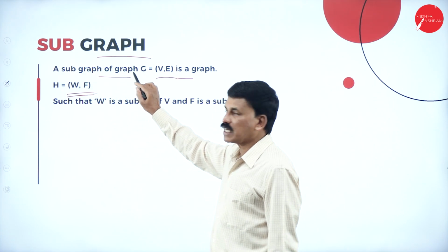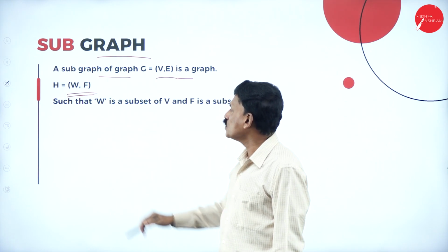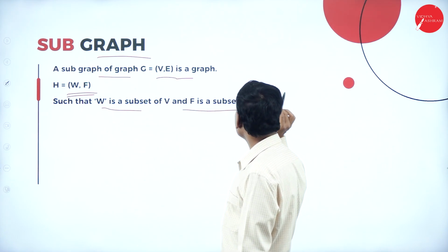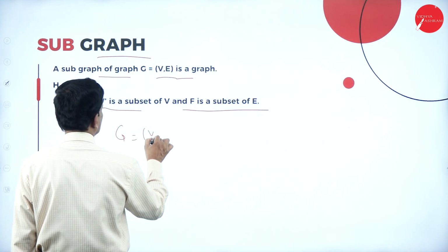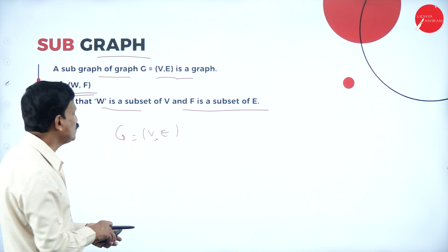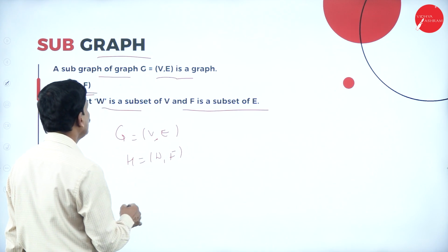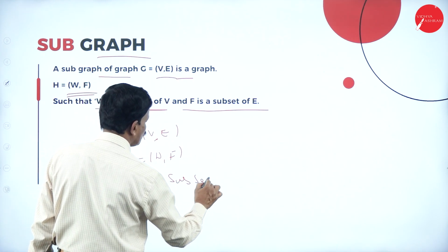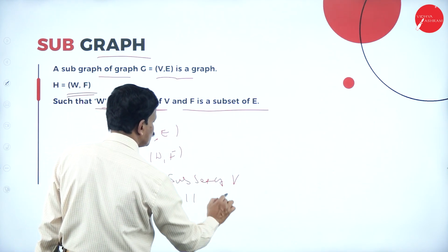A subgraph of the graph G = (V, E) is a graph H = (W, F) such that W is a subset of V and F is a subset of E. That's it.